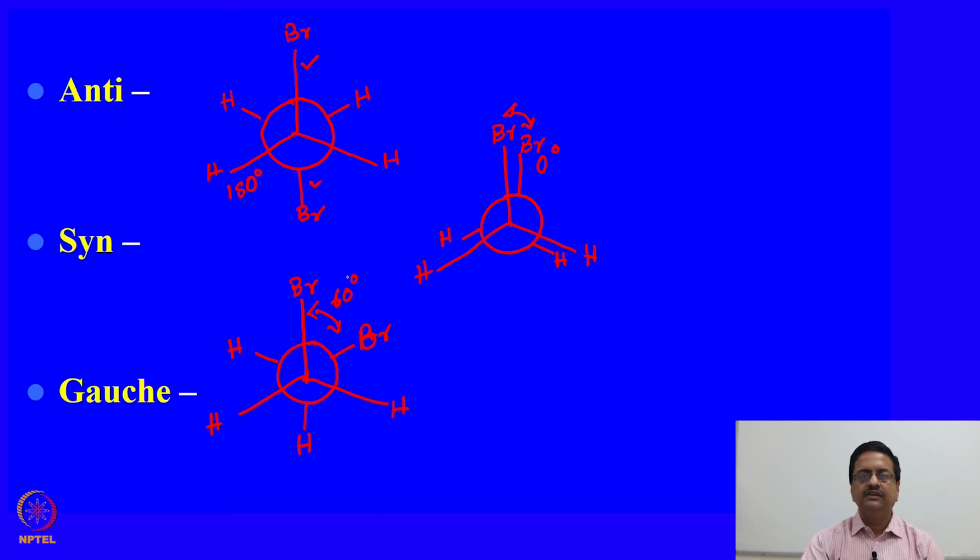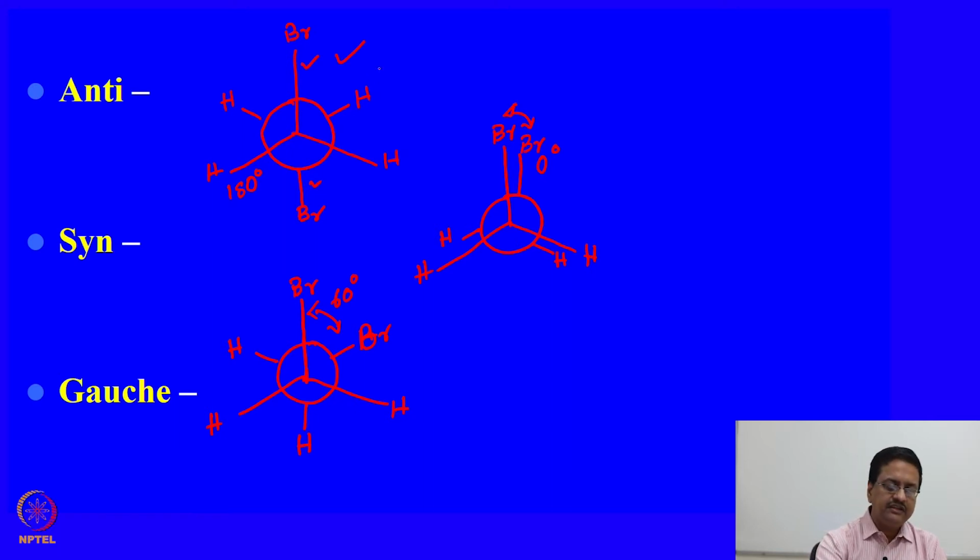Now if I ask you to tell me which conformer has the highest energy, which has the lowest energy and which has intermediate energy, you should be able to quickly say that the anti conformation has the maximum separation of bromine atoms, the maximum separation of bonds.